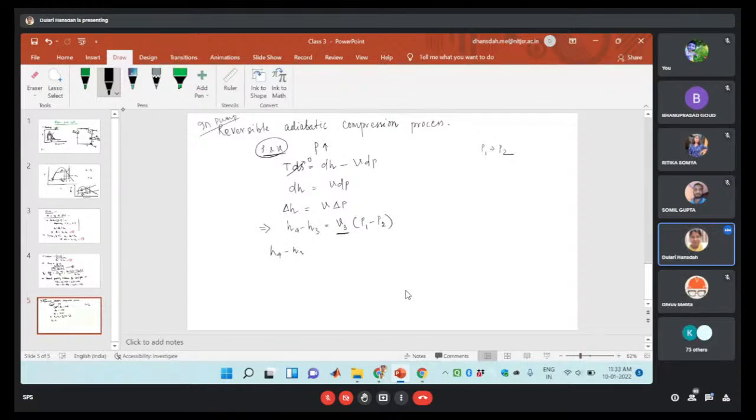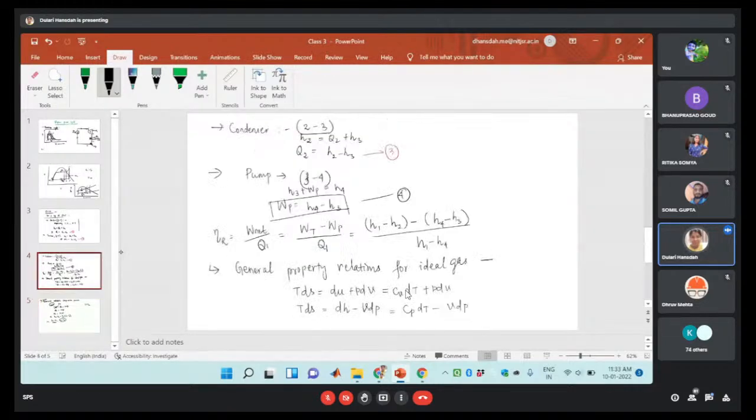We neglect it because H4 is approximately equal to H3. In this case the volume change is small, and sometimes we consider that change negligible as compared to the turbine work. So in the efficiency relation, we are neglecting this work.